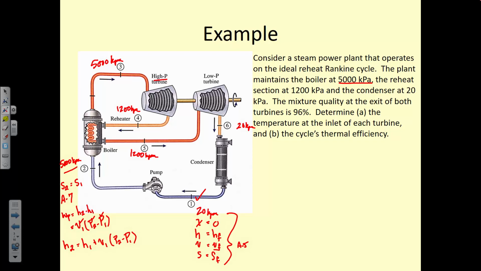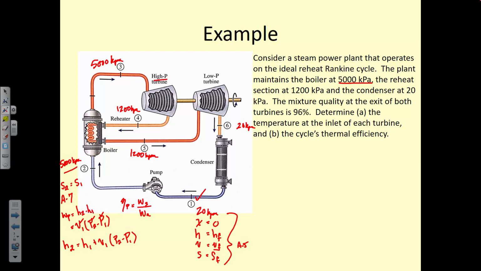Okay, so if we have an isentropic efficiency for this pump, and I don't remember the equation exactly off the top of my head, the actual work will be higher than the isentropic work, so it's the isentropic work over the actual work.